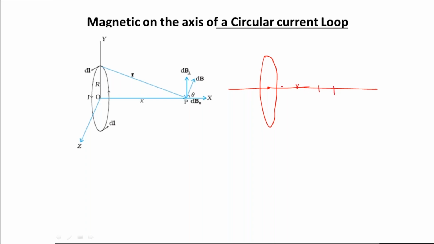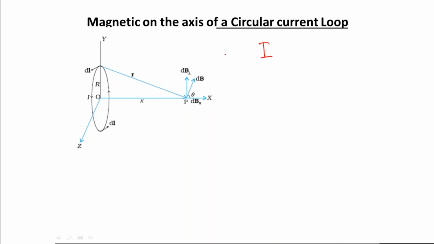Now I have to calculate the magnetic field by Biot-Savart's law at any point, suppose P1, P2, P3, at a certain distance from the center of the loop, and these are called axial points. So you have to find the magnetic field on the axis of the circular loop. This is our project now.